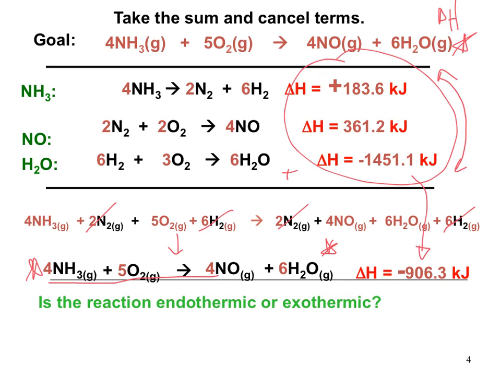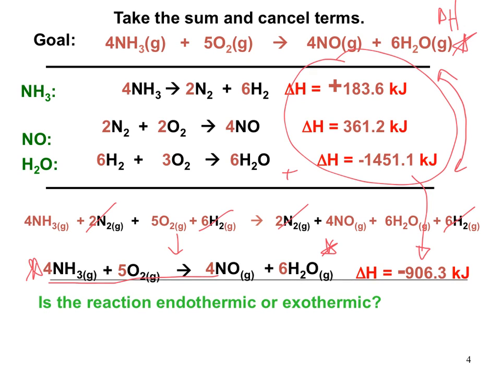Okay, so there's something missing. And once we've shown that we can get this overall equation from these individual thermochemical equation pieces, we can sum the stepwise delta H values to give us the overall delta H of this specific reaction.